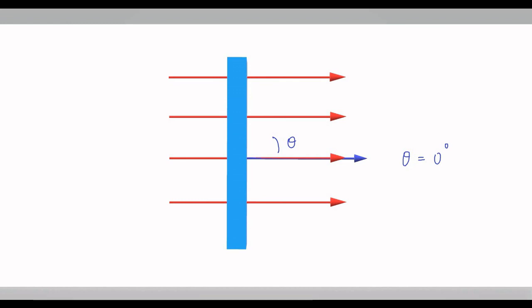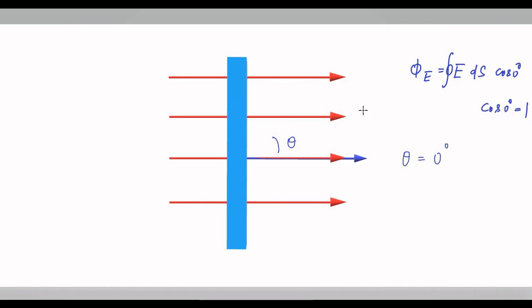So as we decrease the angle between the electric field vector and the area element vector, the electric flux increases, and at theta equal to 0 degree it is maximum. Surface integral of E ds cos 0 degree, because cos 0 degree is equal to 1.